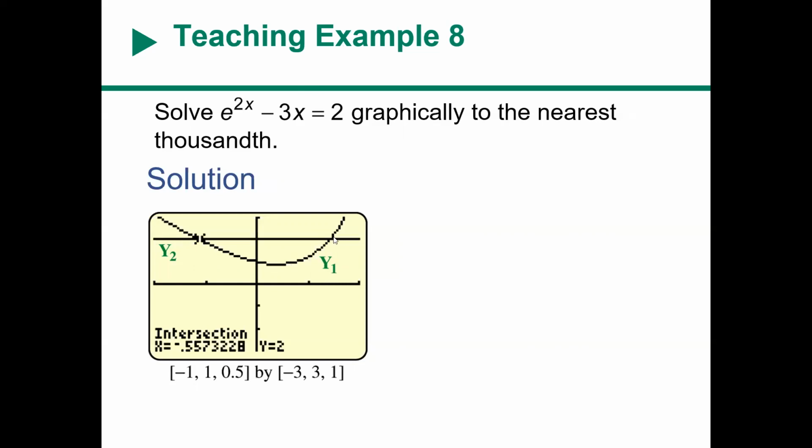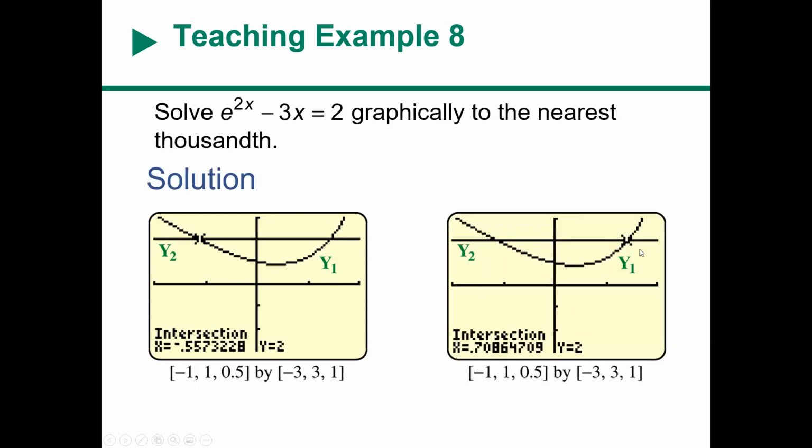So you're going to have to find the intersection more than once. So you'll find the intersection to the left and get a value, and it tells you what it is. And then you're going to have to find the intersection to the right and get a value, and it'll tell you what it is. It's pretty straightforward in the calculator. And that is where we're going to stop today.